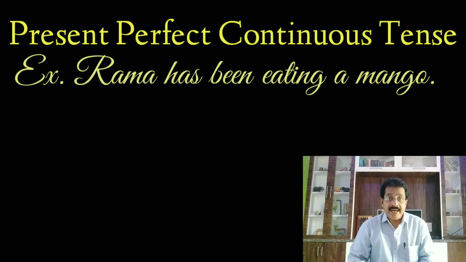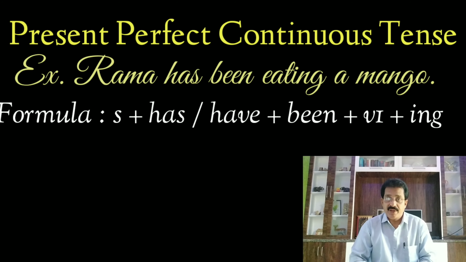So the structure of present perfect continuous is subject plus has or have plus been plus V1 plus ing form. If you have these, you have got a present perfect continuous sentence. Or you are given a sentence in present perfect continuous and you are asked to identify the tense. Just check whether these things are there as mentioned in the formula. Subject plus has or have plus been plus V1 plus ing.